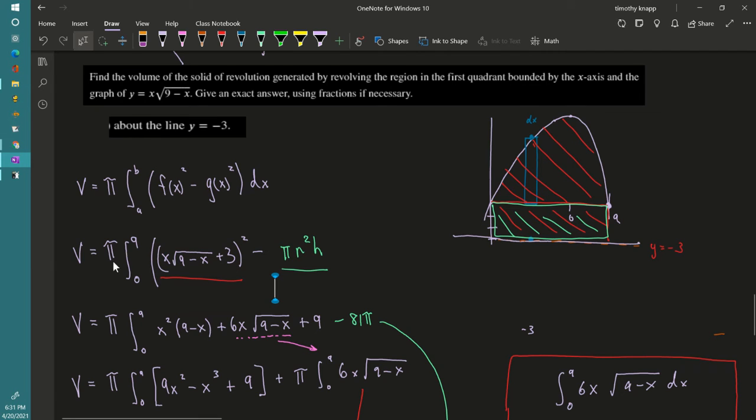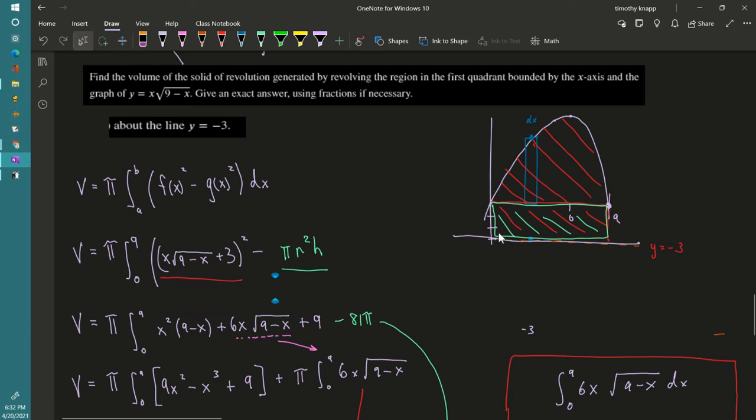So remember, a volume of rotation is pi times your radius squared. This +3 is added in here. Notice it's not up in the formula, but it's added in here to effectively take my function and bump it up 3. And then if I take out this volume here, this is a very easy volume to do.